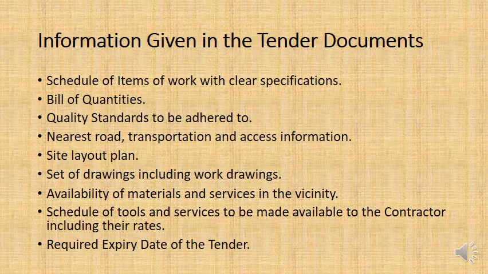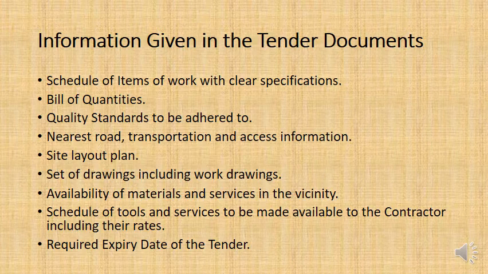You also need to talk about just the general layout of where the work is taking place. You might give a site layout plan. You need to give information about transportation and the nearest roads.